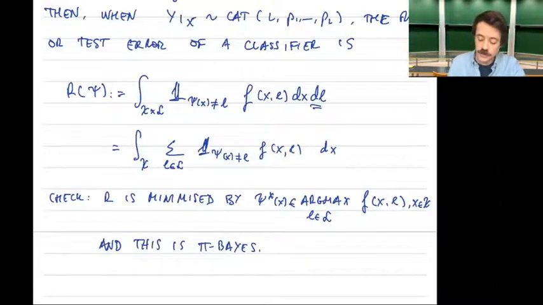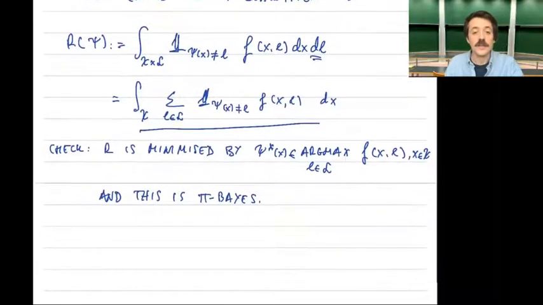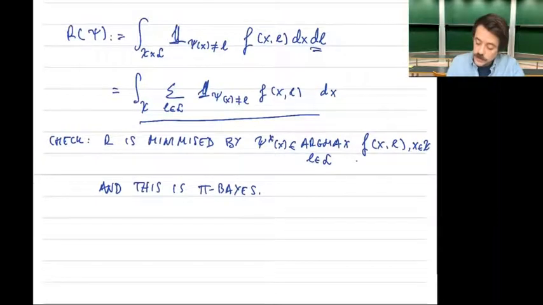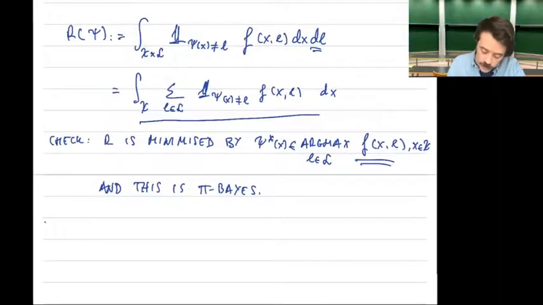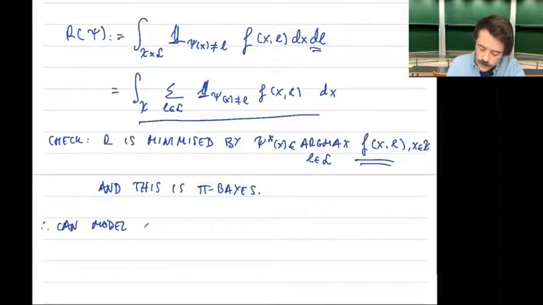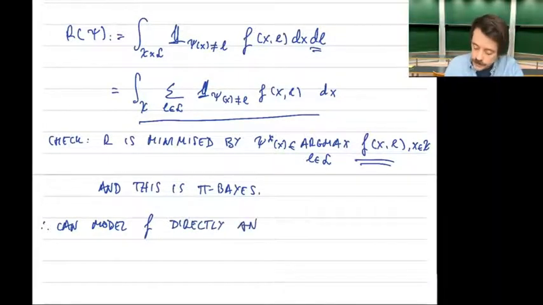Okay, if you think about this last expression here. So this means that, given that we now write the classifier in terms of this joint density, we can model F directly and obtain this guy.